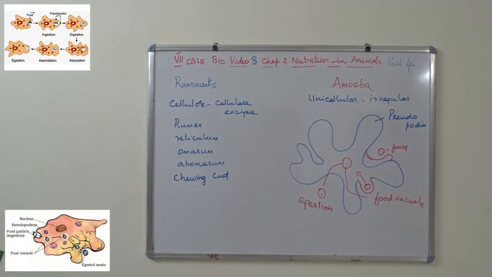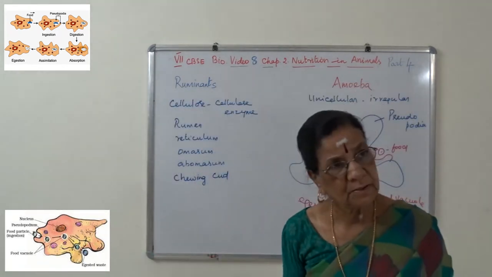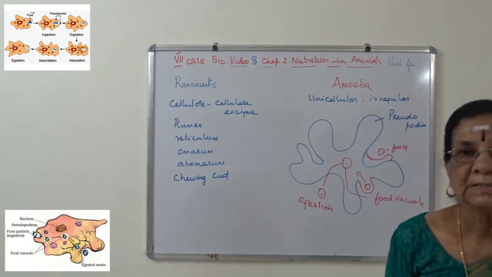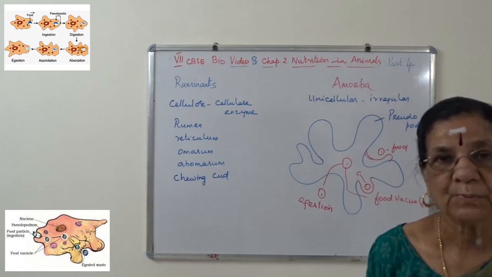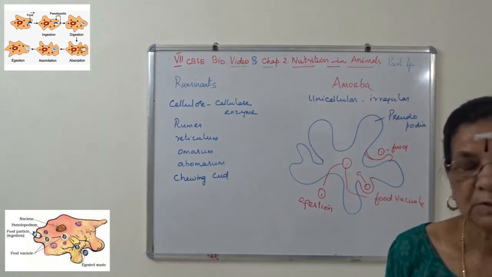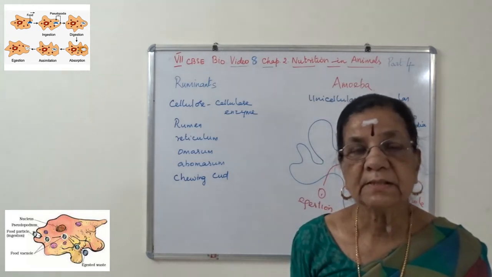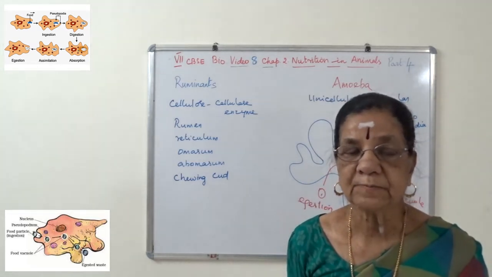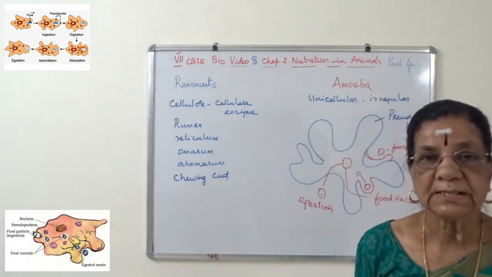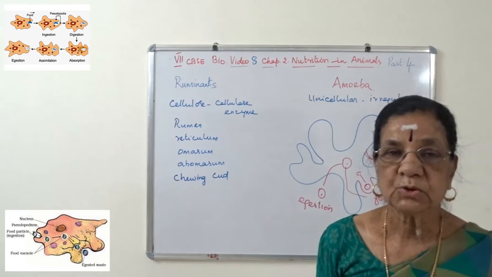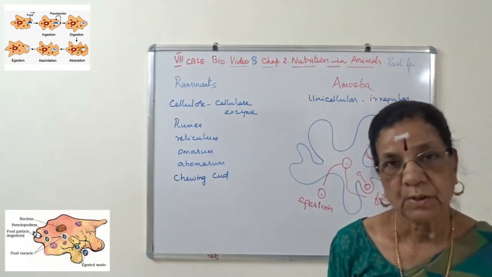I hope you follow. So, we have done nutrition in ruminant animals as grass-eating animals and then nutrition in amoeba, right? In this lesson, chapter 2, nutrition in animals, we have learnt in 4 videos: structure of alimentary canal, then process of digestion in human, then nutrition in ruminant animals, nutrition in amoeba.